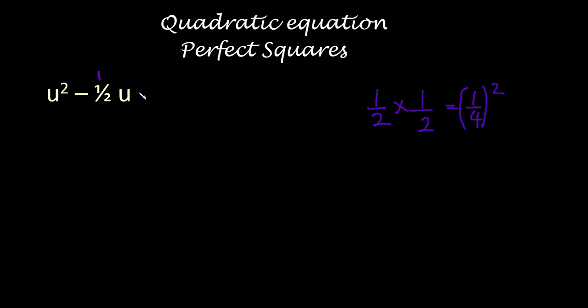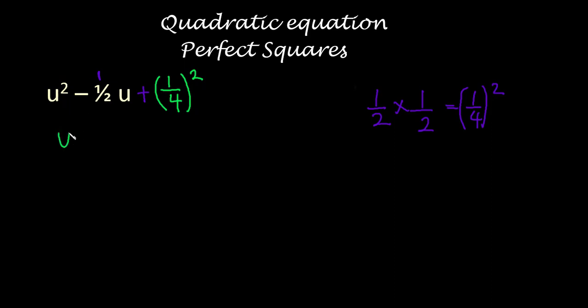So what we are going to do is that you are going to add, let me use a brighter color, plus 1 over 4 squared. And how do you find the square root?